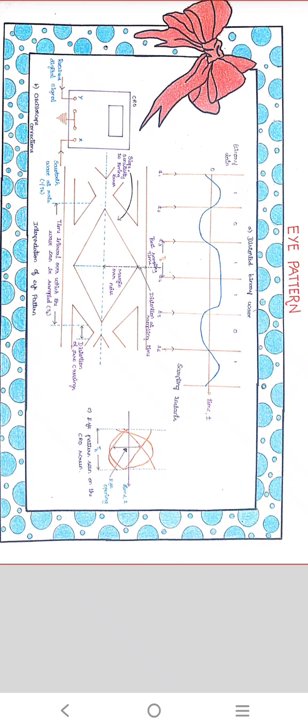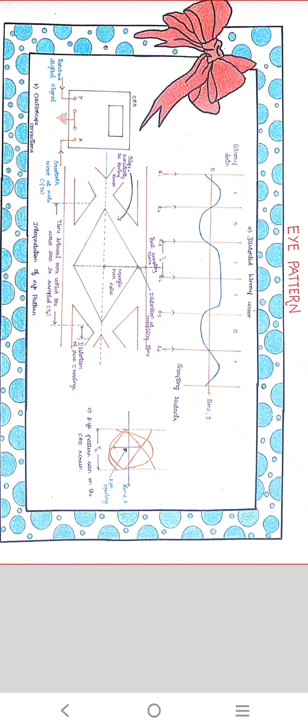The overlapped waveforms form a shape that resembles a human eye, hence the name. A wide open eye indicates a clean signal, while a closed eye means distortion or noise.